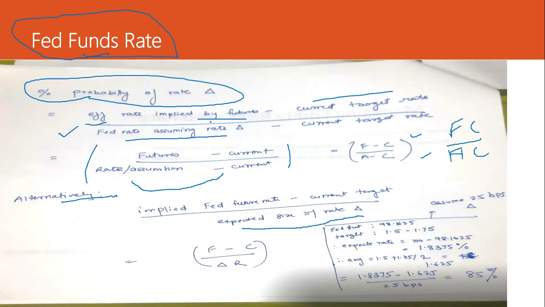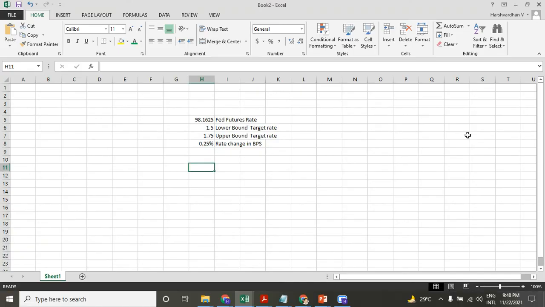So first, what we have to find from the concept FC. So what is F? F is 100 minus this. I'll have to take it in percentage term. I'll just put a percentage in front of it. It's 1.835 percentage.